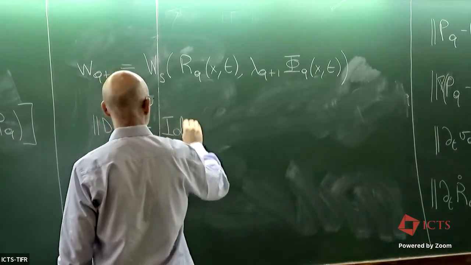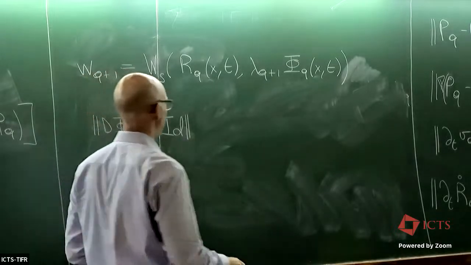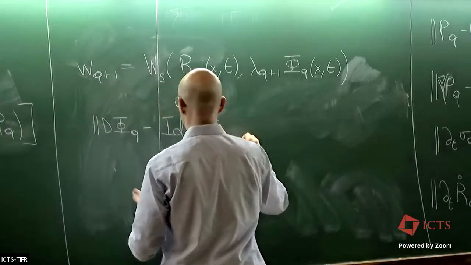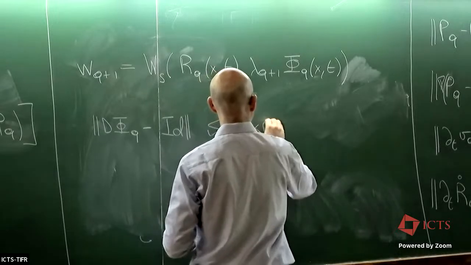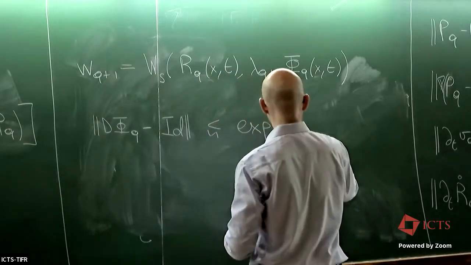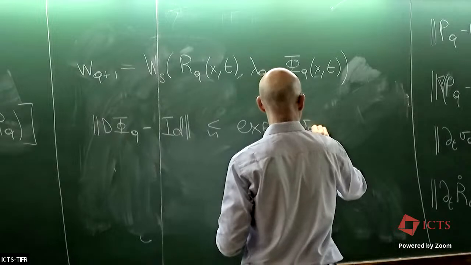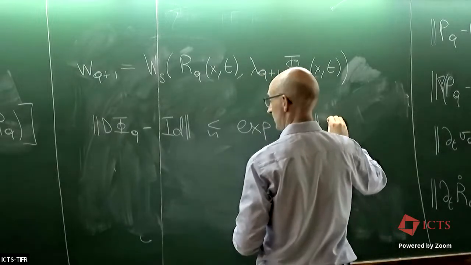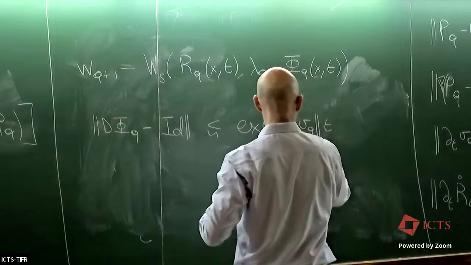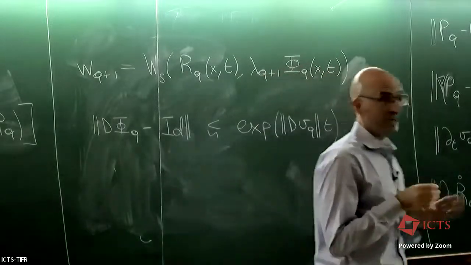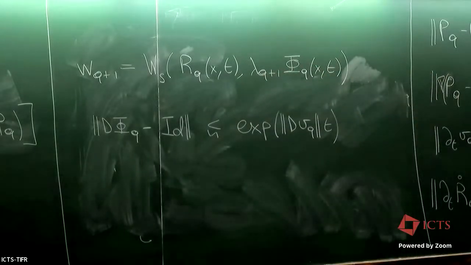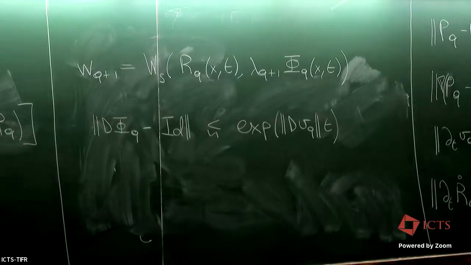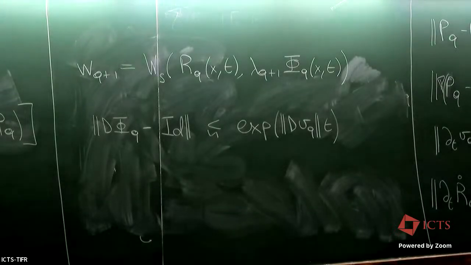If you try to see how it deviates from the identity, you have an estimate of the following type, something like the exponential of dv_q times t. And now here you would have to say immediately, oh my God, in our scheme I want to get an error which is like a small power of lambda_q, and there I have an exponential. So this is going to be very bad.